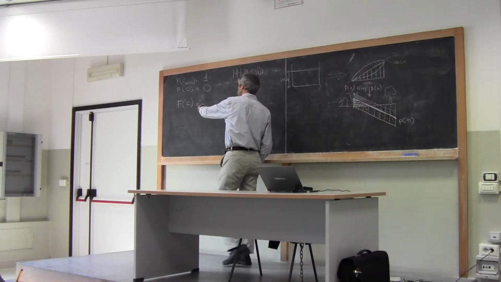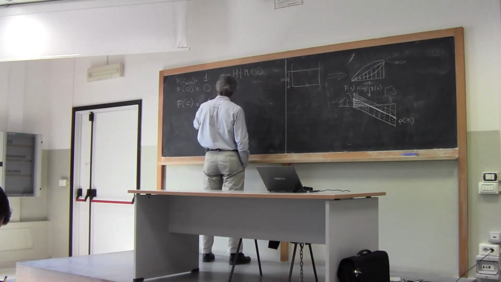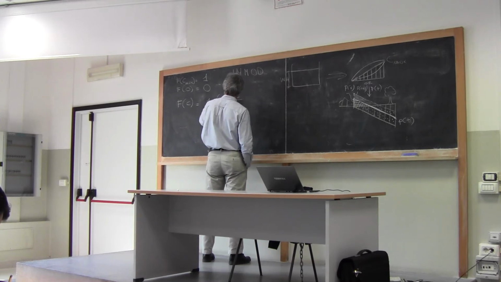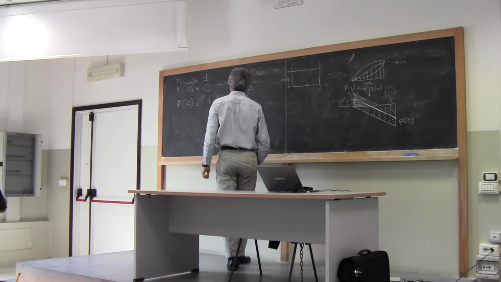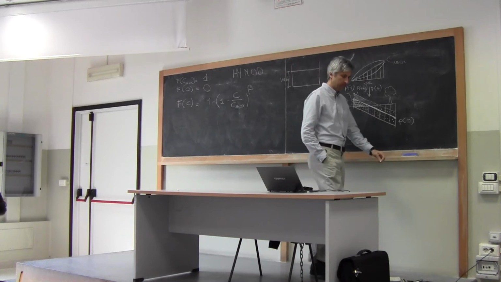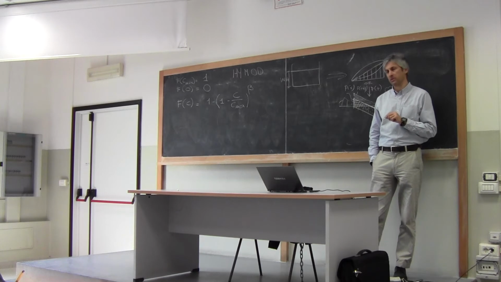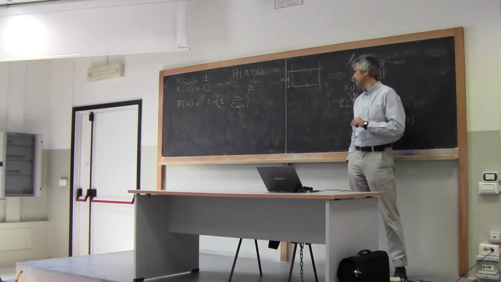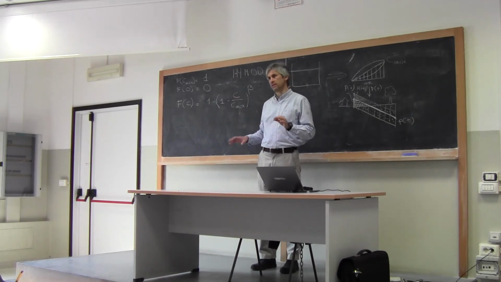Okay, now let me define F(C) in this way: 1 minus (1 minus C over Cmax) to the power of beta. And you may say, oh, what a complicated relationship. Not really. I will show you that it's not very complicated. In order to better understand how it behaves, let's make a graph.